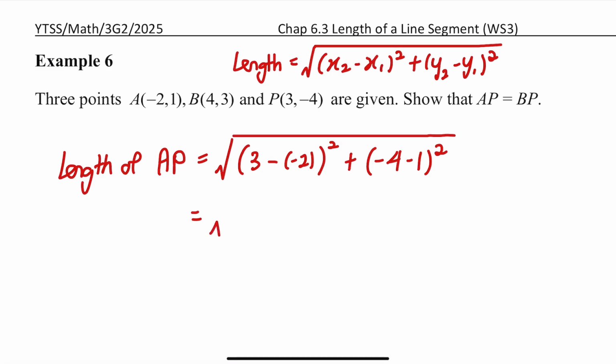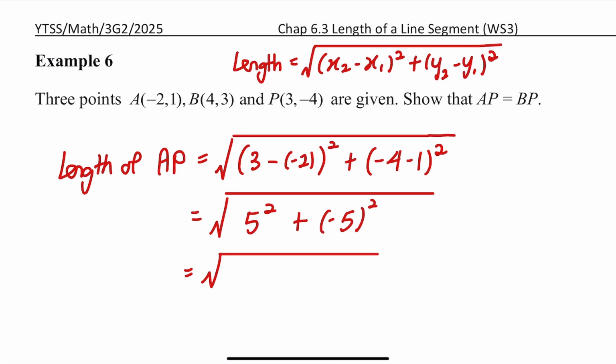I work it out step by step. 3 minus negative 2, I'll get 5 square plus negative 5 square. This is simply square root of 25 plus 25, and this will give me square root 50. This is the length of AP.